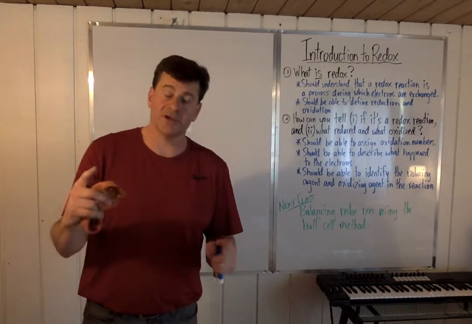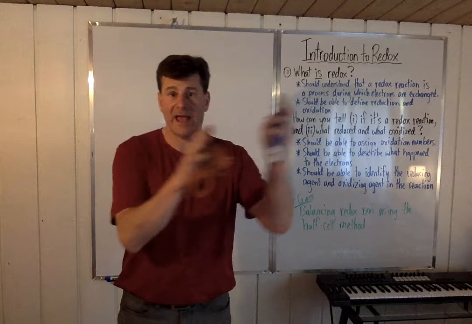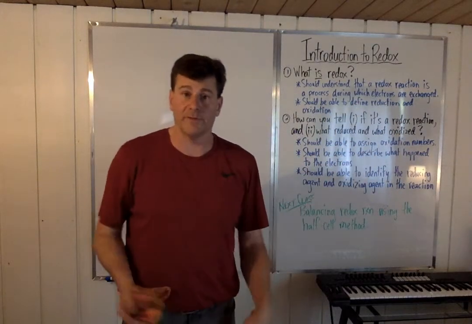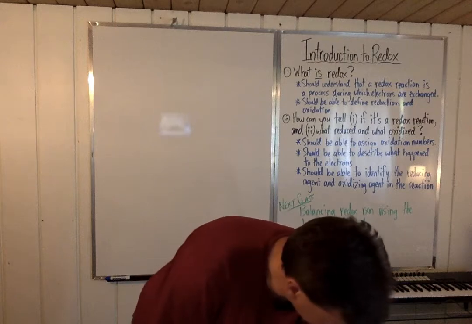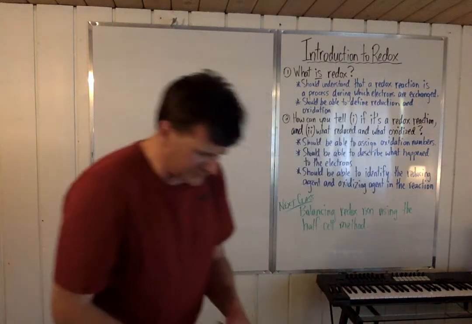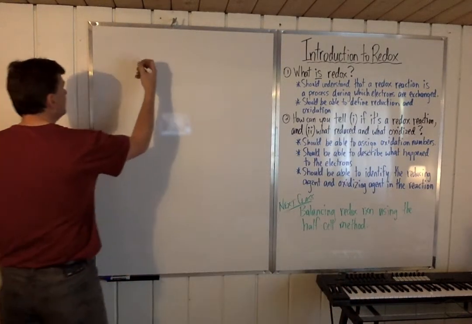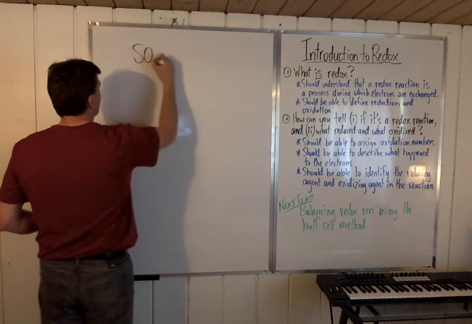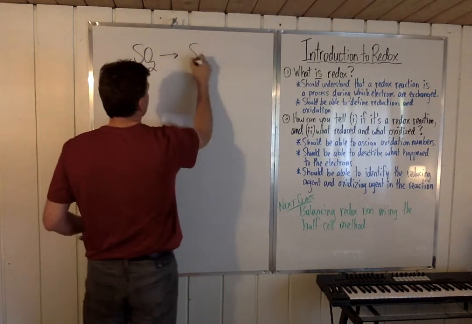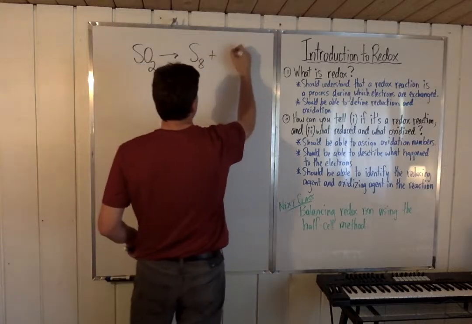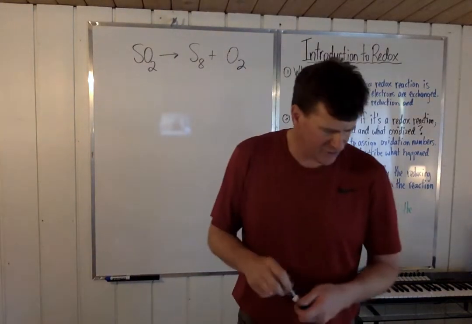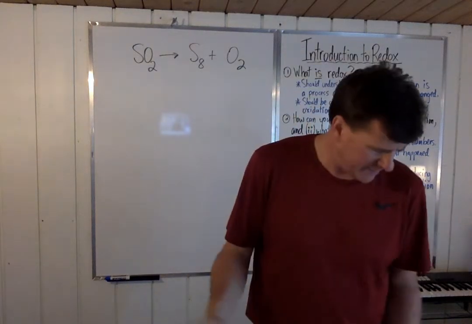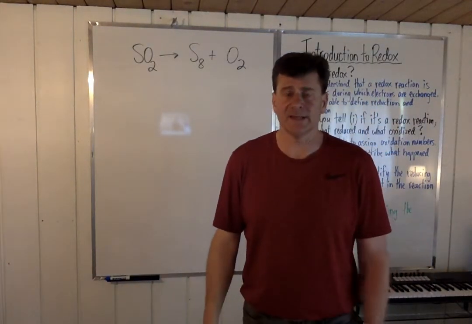You have to look at your oxidation numbers before and then after, compare the two, and say this is what happened. Let me give you a couple of examples. Now, I'm not going to balance any of these reactions, so they're going to be unbalanced chemical equations, but chemical equations nonetheless.